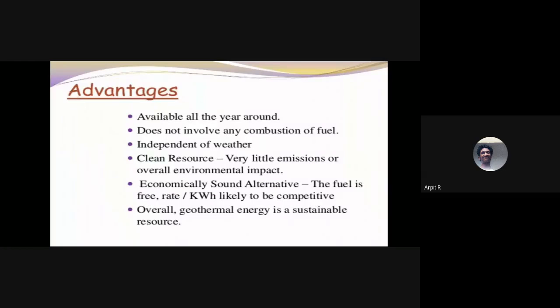Some more advantages: available all the year around, does not involve any combustion of fuel, independent of weather, clean resource, very little emission or overall environmental impact, economically sound alternative. The fuel-free rate per kilowatt hour is likely to be competitive. Overall, geothermal energy is a sustainable resource.